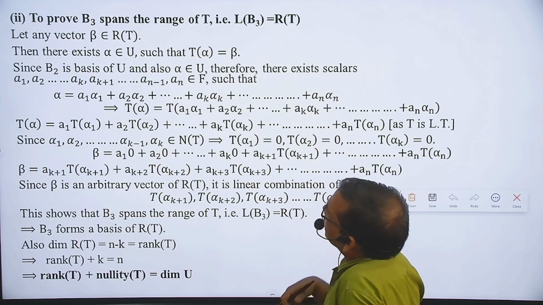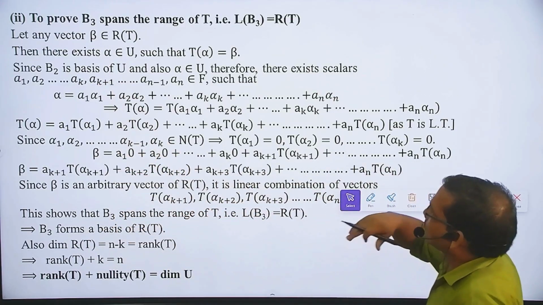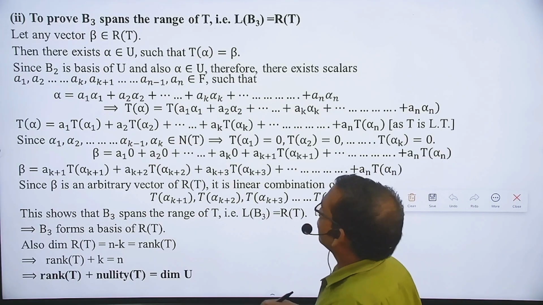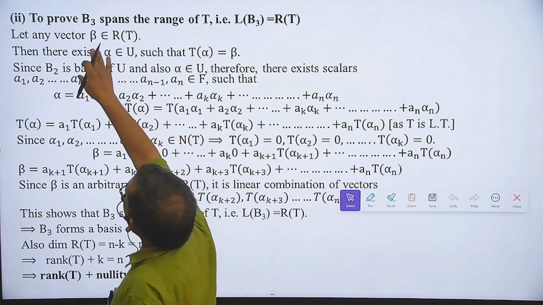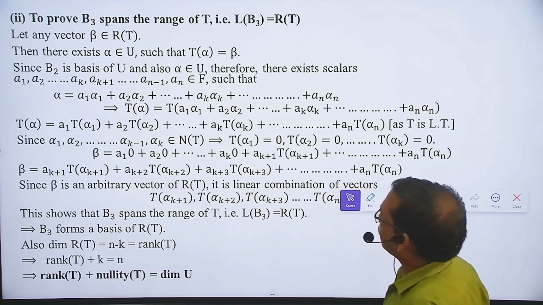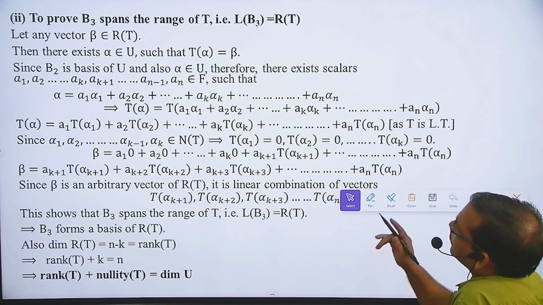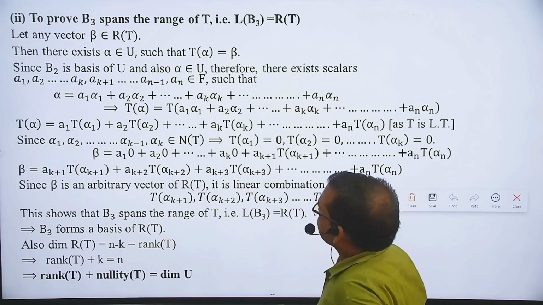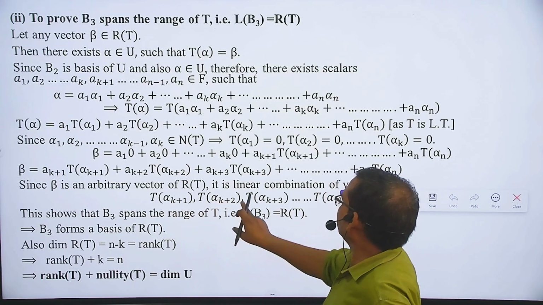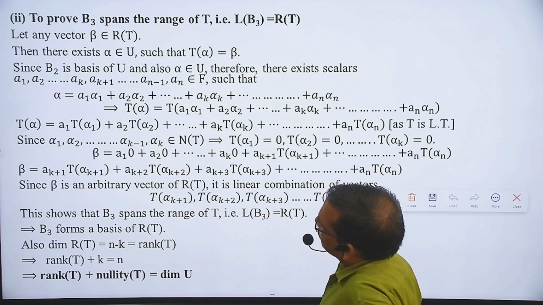For this we take any arbitrary element beta in the range space, and we will prove that this beta is a linear combination of the vectors T alpha_{k+1}, T alpha_{k+2}, T alpha_{k+3}, and so on.